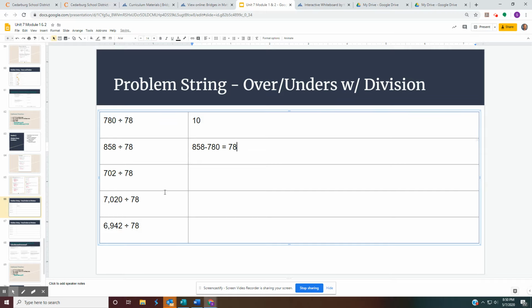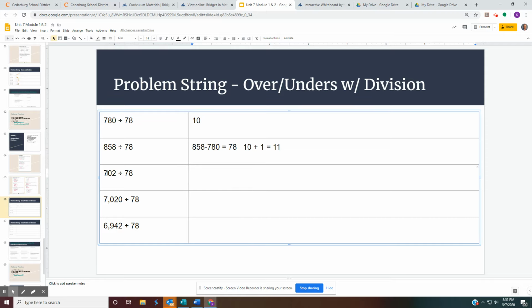And I have to look, is that more than my 780 or less than my 780? Because that will determine what I do with that 1. Am I going to add or subtract the 1? I see that 858 is more, so I'm going to add. Okay, so what is 10 plus 1? That gives me 11. Good.